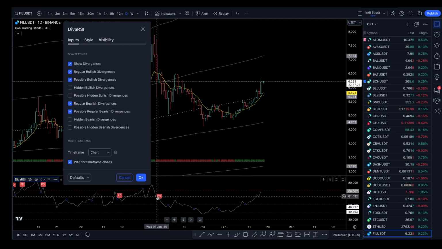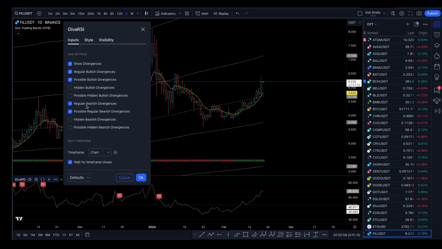At a point where it's not super clear yet if it will be a divergence, but there is a potential, it will show you those relatively early on. And you can also have the hidden divergences showing, but the standard is that the hidden ones are disabled.